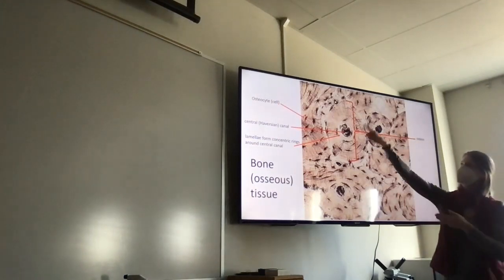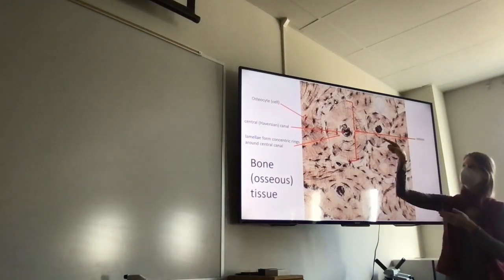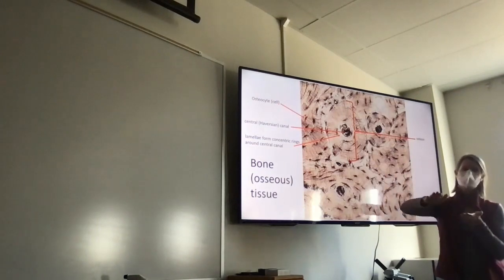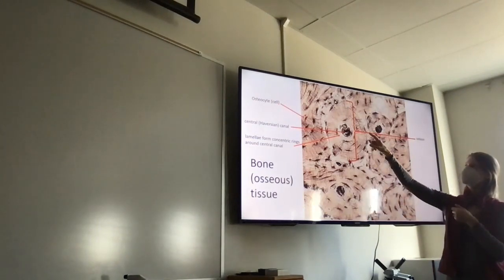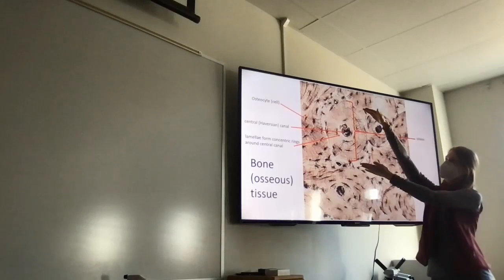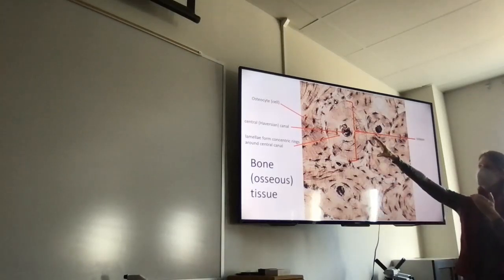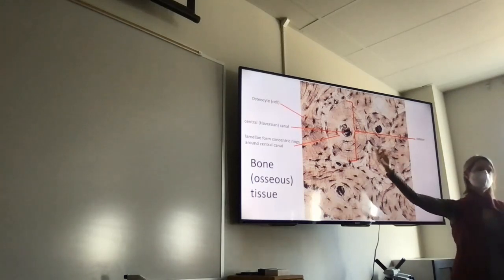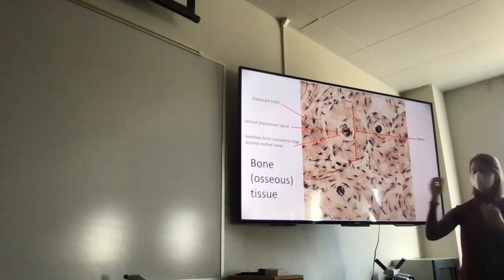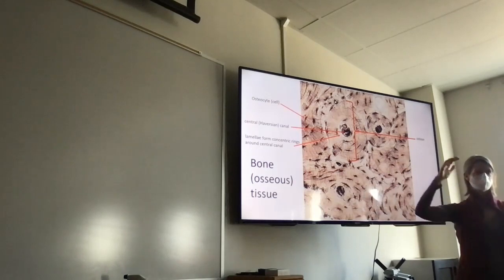An osteon is basically a bunch of concentric circles. So it'd be like looking at the cross section of a tree trunk. So this is one osteon, and that contains a number of osteocytes, which are the bone cells. So a lot of osteocytes kind of in concentric circles.